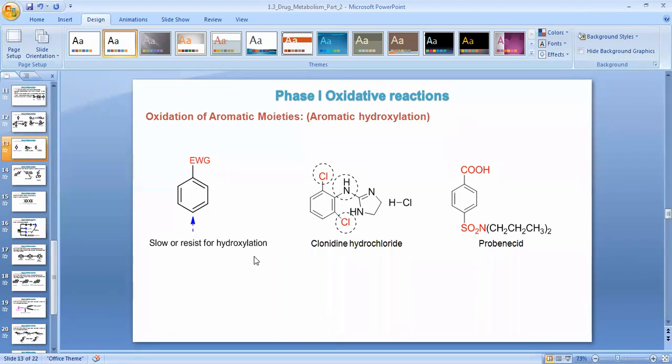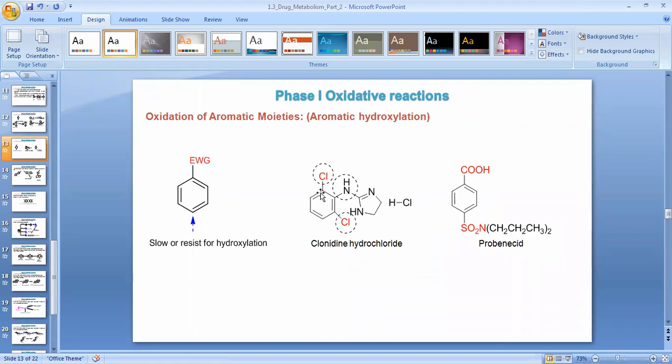hydroxylation. So in simple language, if electron withdrawing groups like halogens are present in the ring, it will slow down and resist the aromatic oxidation process, that is the aromatic hydroxylation process. Now, an example of such a drug molecule is clonidine hydrochloride.